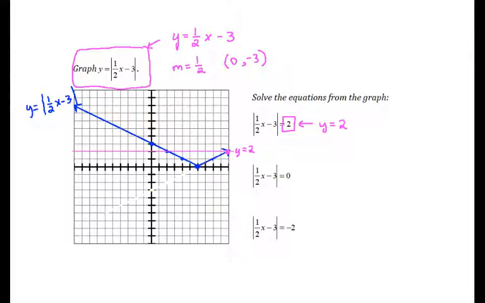We have one here, we have one here, and because this equation is only an x, I am only interested in the x coordinates of these intersection points. I do not want to enter the whole ordered pair as my solution. It looks like these intersect at 2 and at 10, so my solution set consists of just the two values 2 and 10. I could write this as x equals 2, x equals 10.